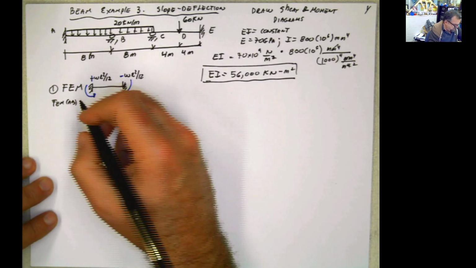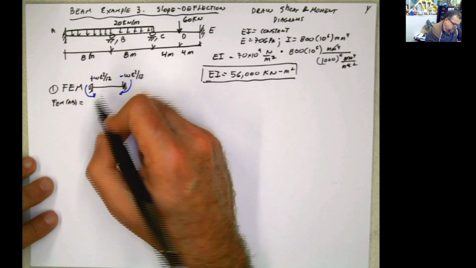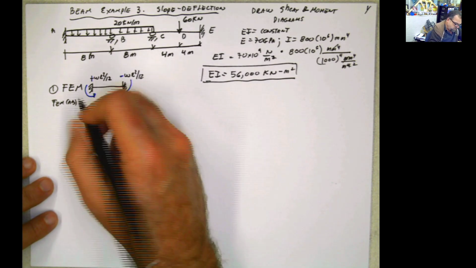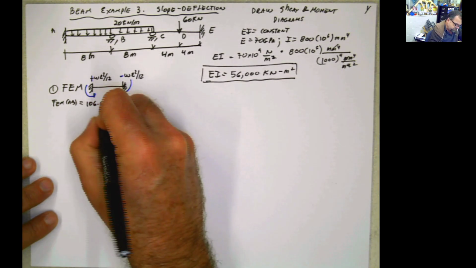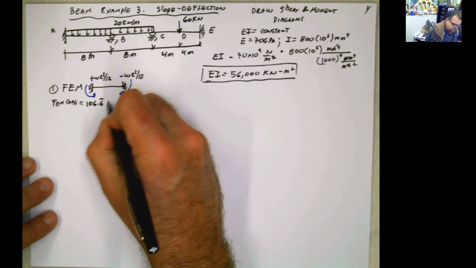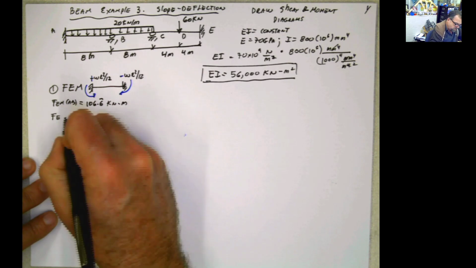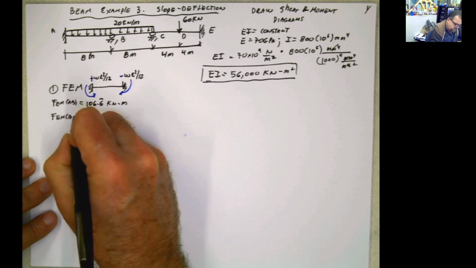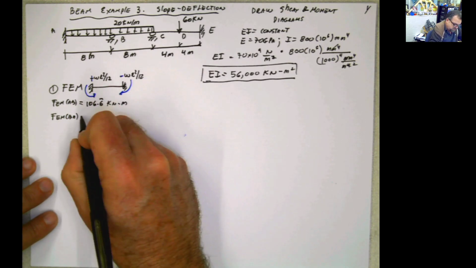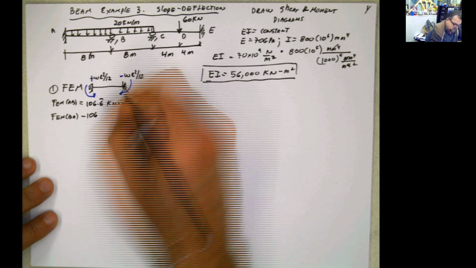If we do that for AB, then you're going to have 20 times 8 squared divided by 12, 106.6 kilonewton meter. If we do now for BA, it's going to be the opposite of that, which is this side.